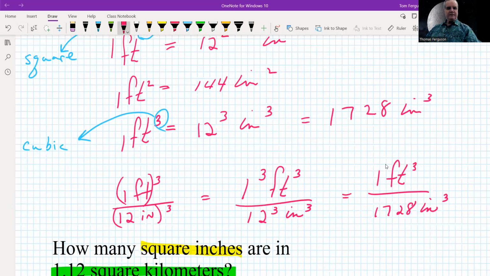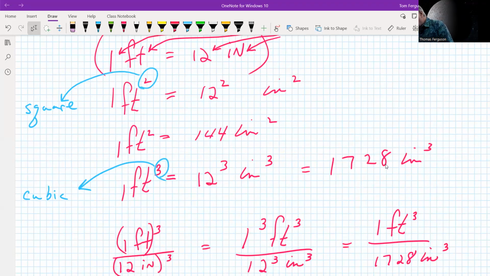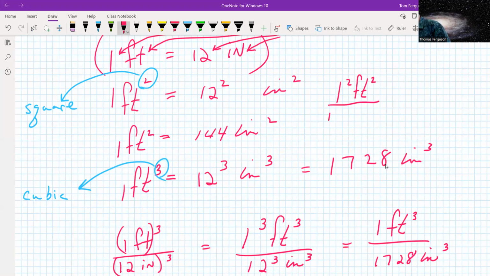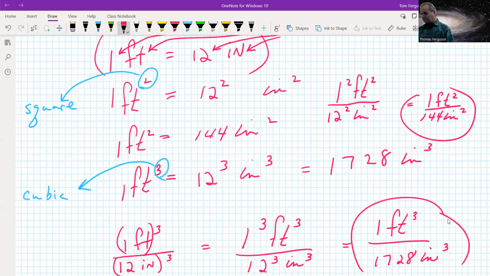Doing a similar calculation for square, so that's square inches per square feet. So it's a very different calculation using square feet or cubic feet. The reason why that number is so large is because we have to do the cube.